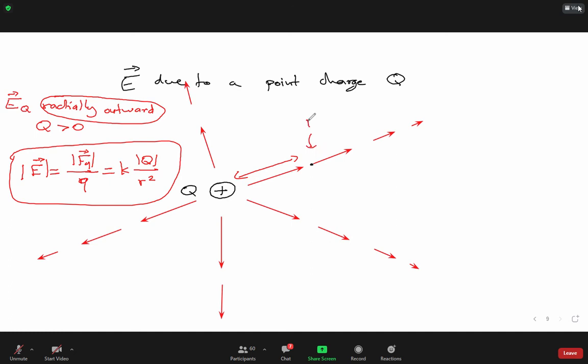This is a point, not a charge. But you can imagine that you're placing a little test charge over there, little q, right? And obviously I didn't draw an infinite number of vectors because I can't do that. I only drew a few vectors. Everybody okay with that?